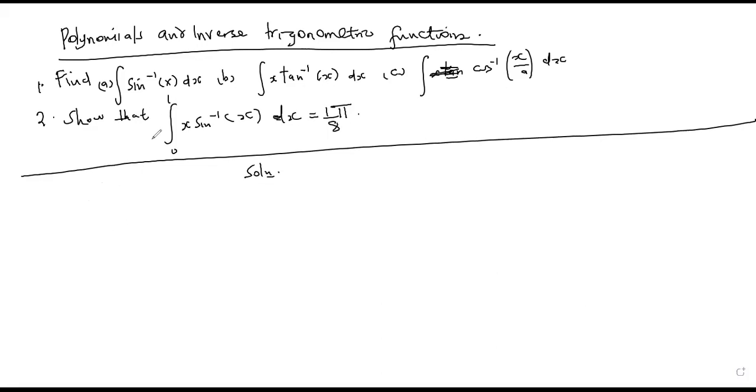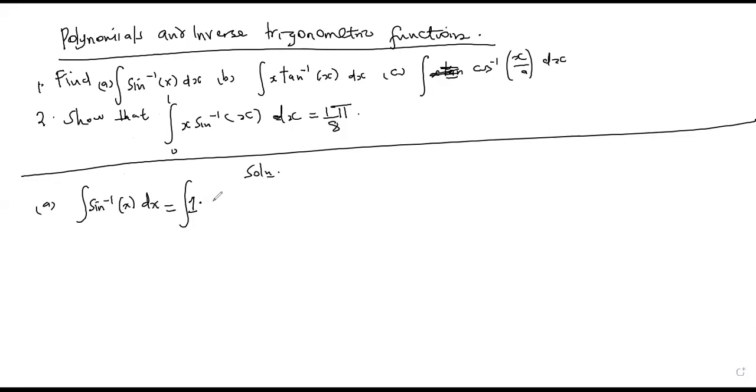Now, one may be like, now, how is it by parts? I have one part, sine inverse. What is another part? What you need to do here, simply tell me that integral of sine inverse of x dx is the same as integral, another part you bring in by yourself, and that is 1 times, because when you multiply by 1, it will keep the same, but it will bring in another part.